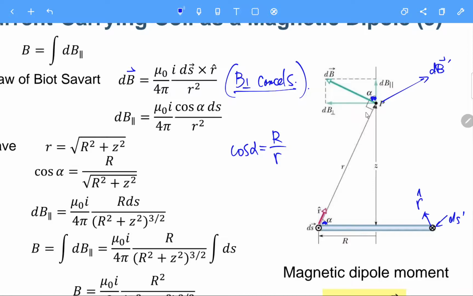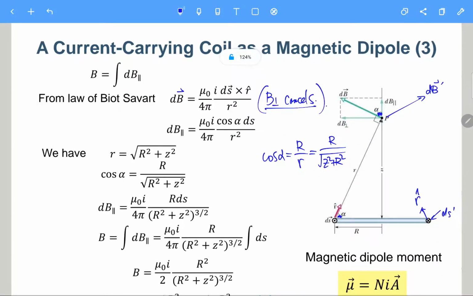And of course, the variable we are using is z. So we will try to eliminate small r. So it will be R over square root of z squared plus R squared, like this. Actually, we've written it here. And r is, of course, R squared plus z squared, take the square root by the Pythagorean theorem.